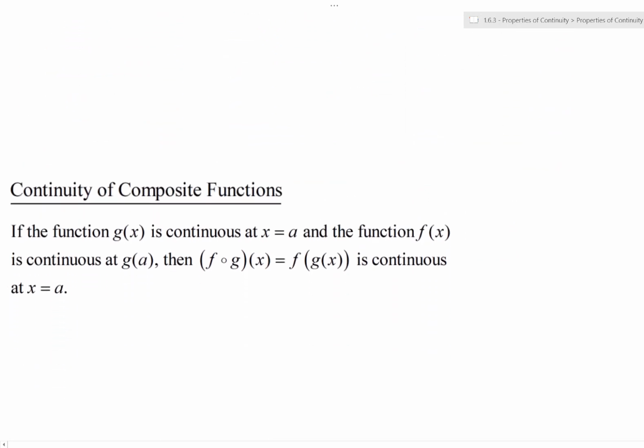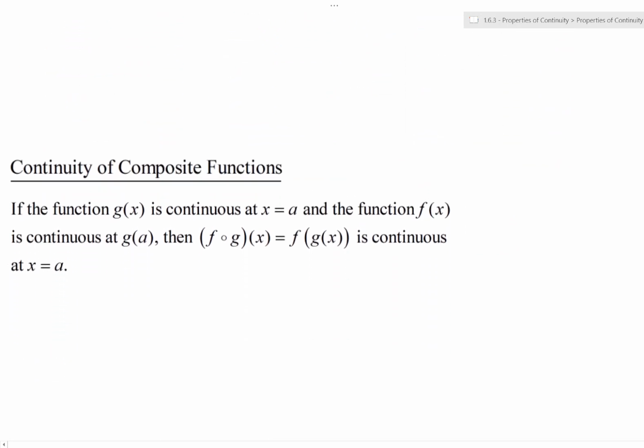Now, what if we have a composite of two functions? Let's say that we have function g of x, and it's continuous at some location x is equal to a. So g is continuous at a. And then you also have a function f of x, and it's continuous at the location g of a.